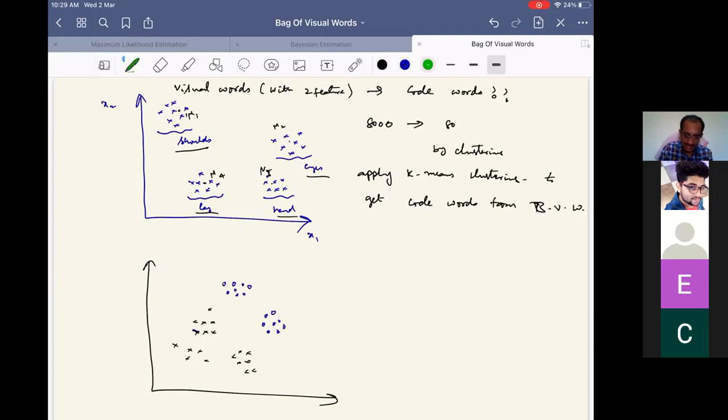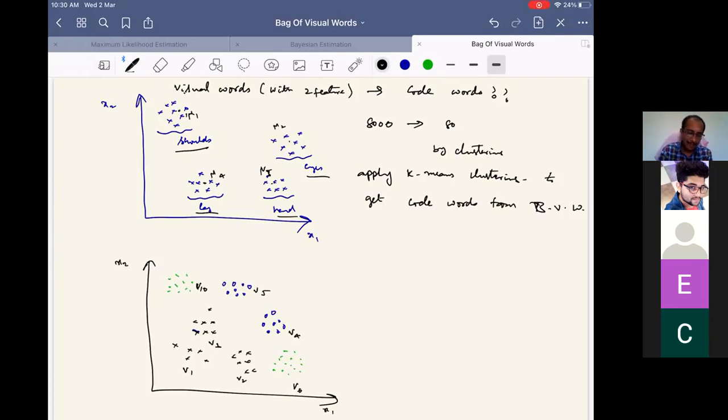Then the third class, I put dots. Even now, if I cluster, I will get the code words V1, V2, V3, V4, V5, V6, V7 up to V10. So I can put all the samples together and then cluster.